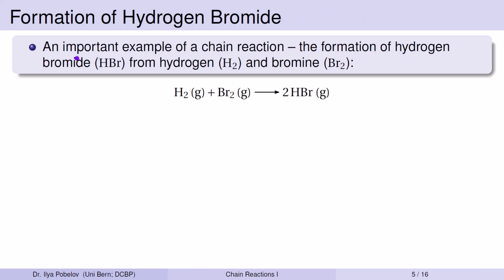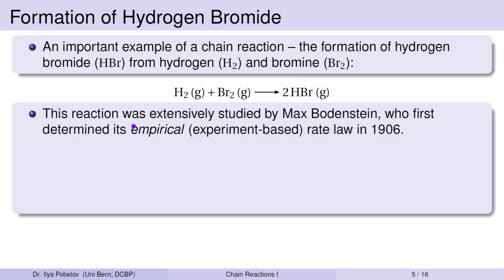Now, let's examine an important example of a chain reaction, the formation of hydrogen bromide from hydrogen and bromine. This reaction was extensively studied by Max Bodenstein, who first determined its empirical, experiment-based rate law in 1906.